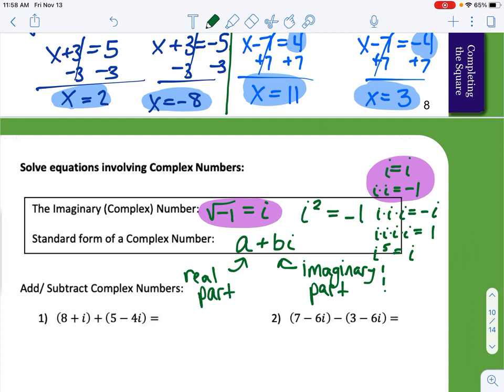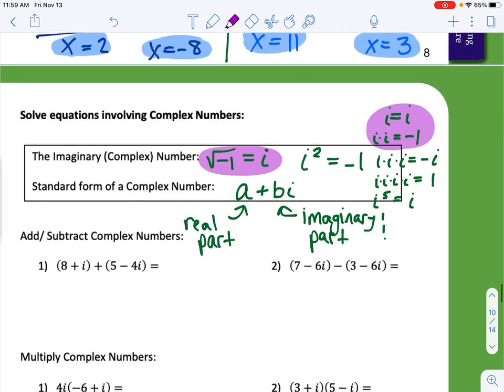Now, you can think of i when solving as if it is a variable, but i is not actually a variable. i is equivalent to the square root of -1. So it does have an association of a number with it, unlike, say, the variable x, which you have to figure out what it means.